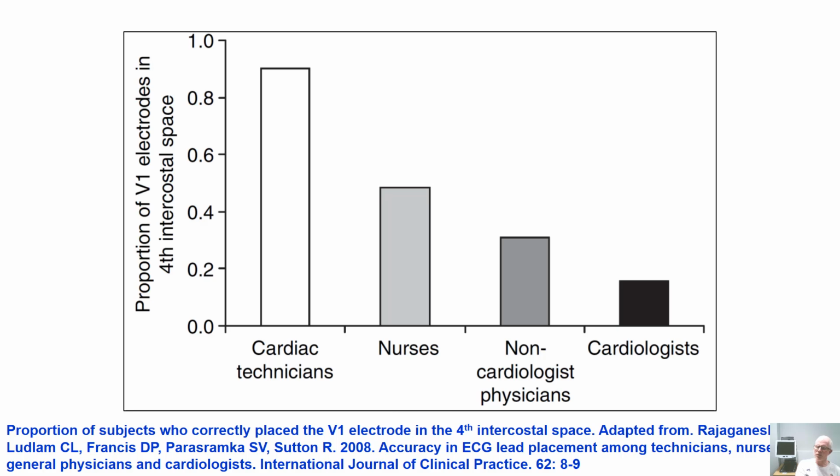It's probably about an 80% variation for our cardiologists compared to our cardiac technicians. So in other words, there's significantly more chance of error for the cardiologists, the non-cardiologist physicians and nurses compared to the cardiac technicians. So you have to be highly trained in order to satisfy yourself that the signal being produced is suitable to make appropriate determinations.